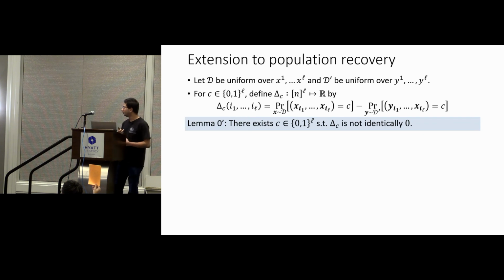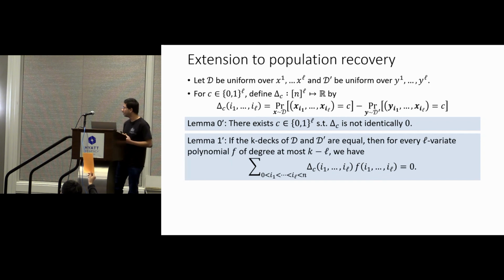And we'll need to prove a sequence of lemmas analogous to the previous sequence. So the very first thing is to show that there exists some string of length L such that this difference vector is not identically 0. It's easy to see for the uniform case, but for arbitrary distributions, even this is slightly non-trivial. And then we have this lemma which says that if the k-decks of D and D prime are equal, then for every L-variate polynomial of low degree, this kind of weighted sum is equal to 0.